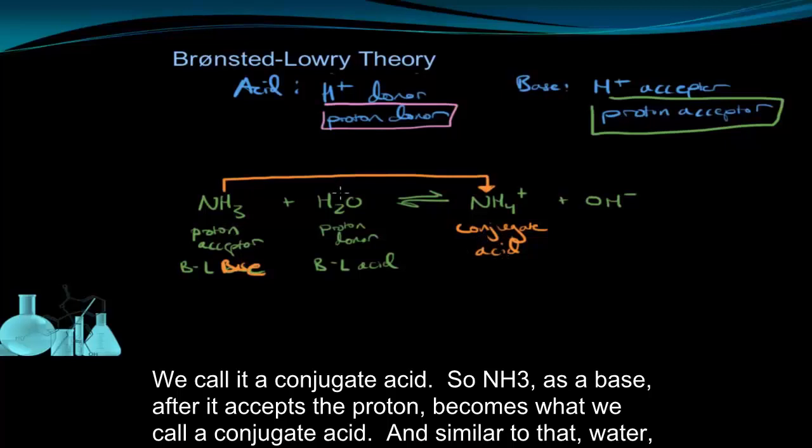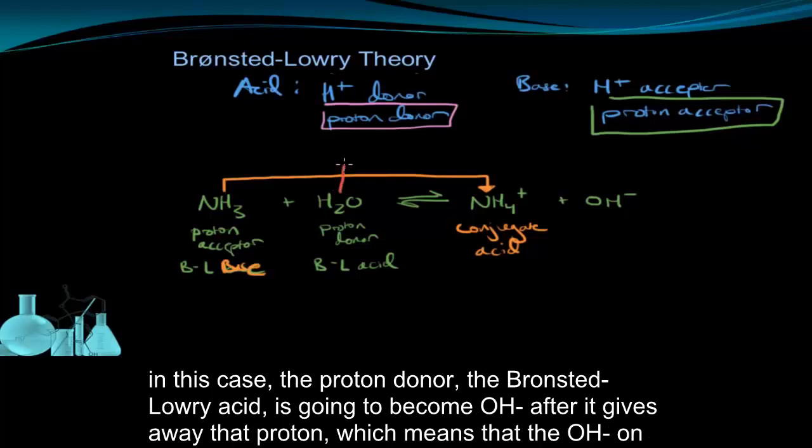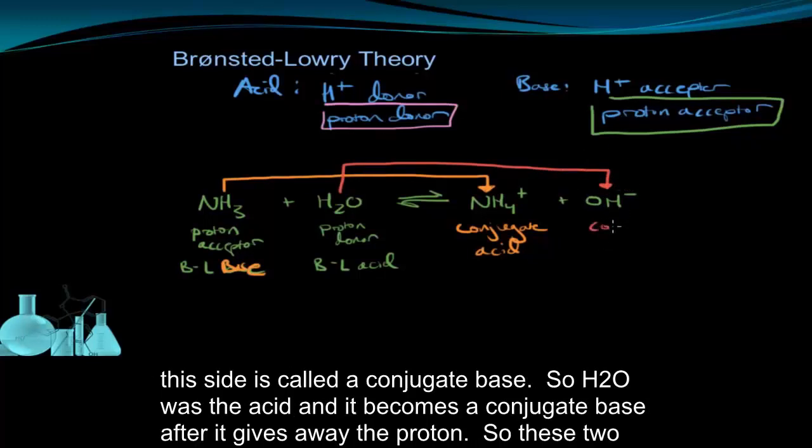And similar to that, water, in this case the proton donor, the Bronsted-Lowry acid, is going to become OH- after it gives away that proton, which means that the OH- on this side is called the conjugate base. So H2O was the acid, and it becomes a conjugate base after it gives away the proton.